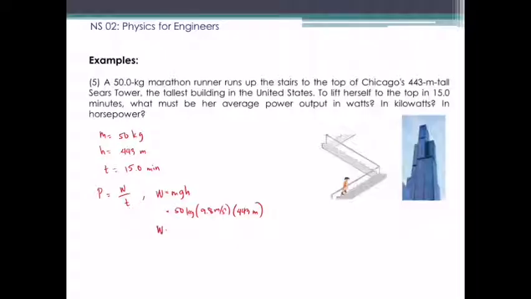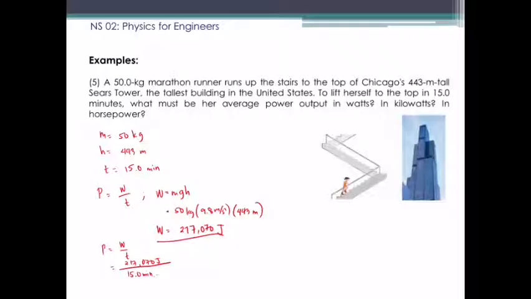So, the work is 217,707 joules. So, this is our work. Now, the power is work over time. So, this work, 217,707 joules over the time of 15 minutes.